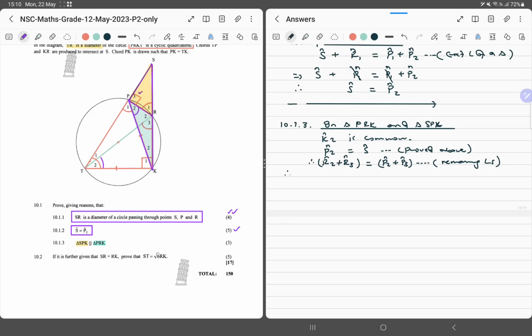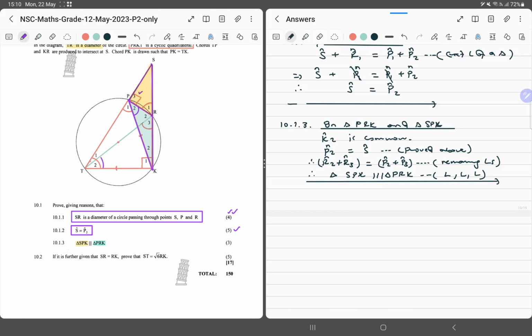Therefore, triangle SPK is similar to triangle PRK. The reason is they are equiangular. You can write angle, angle, angle, or you can just simply write equiangular.